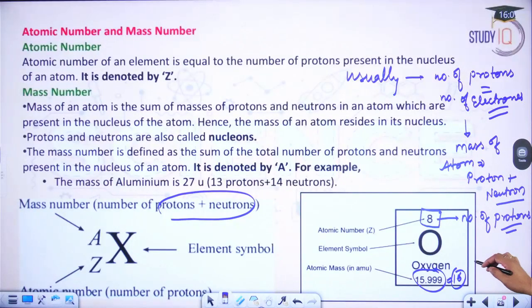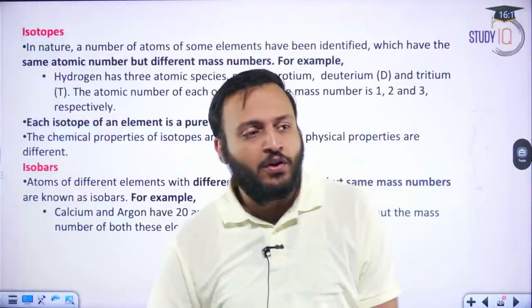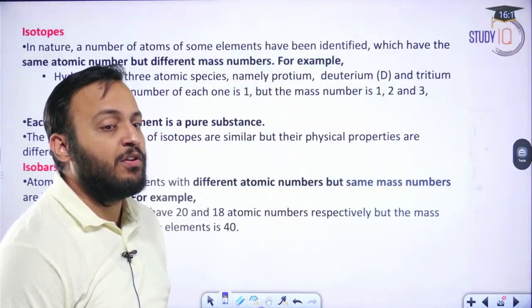So which basically means the protons plus neutrons. So 16 is equal to number of protons 8 plus neutron. So this oxygen will have 8 neutron and 8 proton, right? 8 neutron and 8 proton.